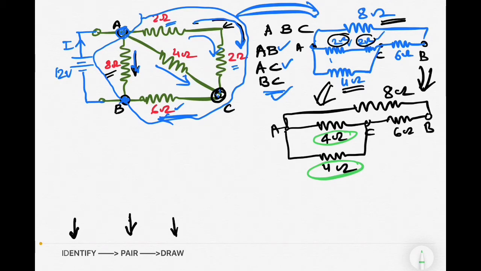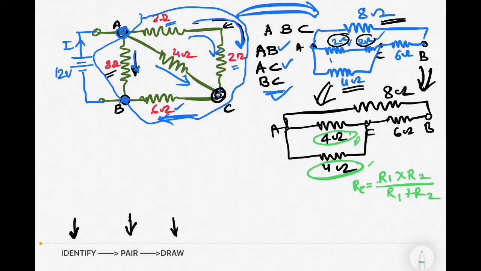So if two resistors R1 and R2 are in parallel, the equivalent resistance will be R1 into R2 divided by R1 plus R2. This is the equivalent resistance formula for two resistors in parallel.